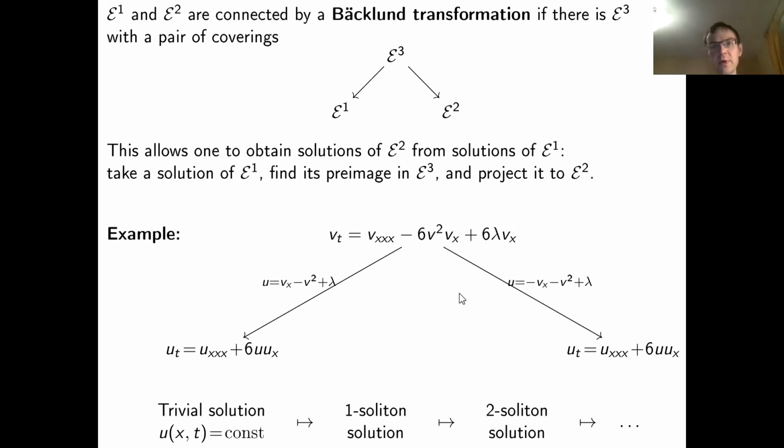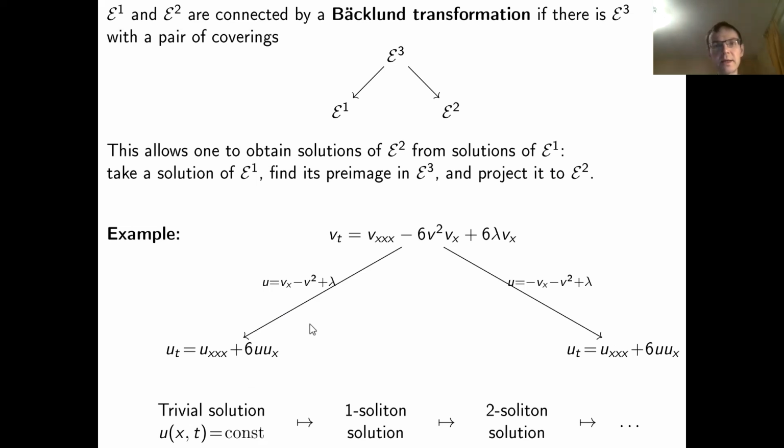Another well-known example: we consider the case when E1 is KdV, E2 is also KdV, and E3 is this equation where lambda is a constant. And we consider two coverings from this equation to KdV, this covering and this covering. They are slightly different.